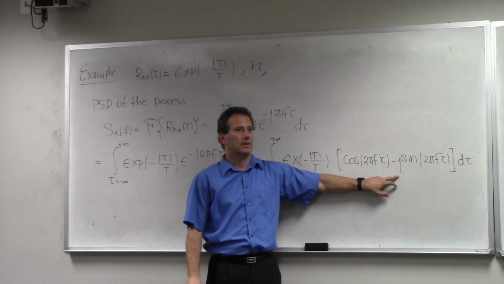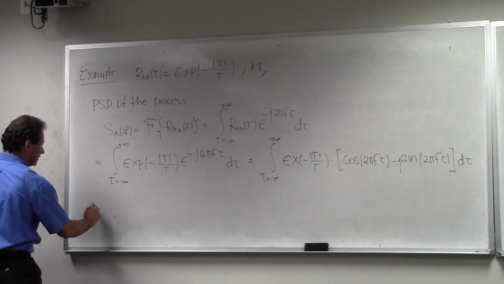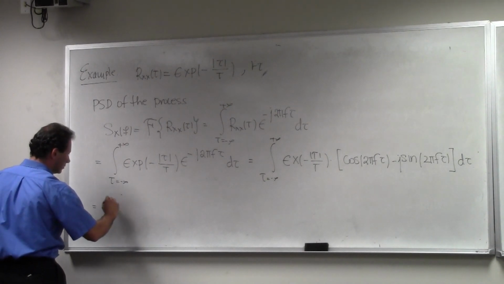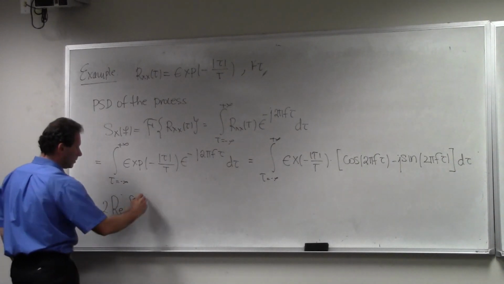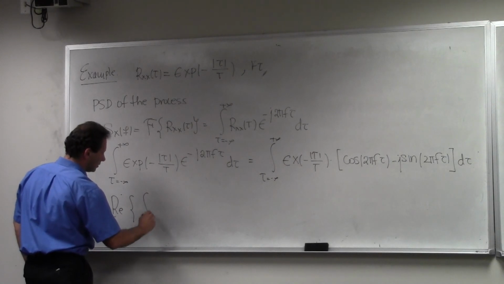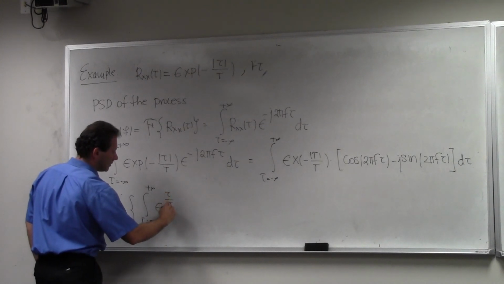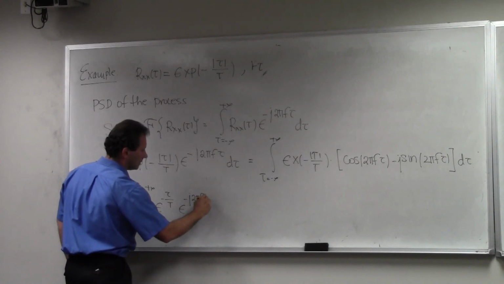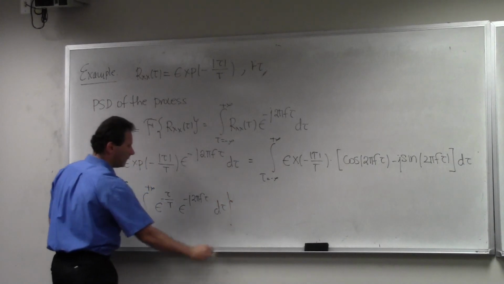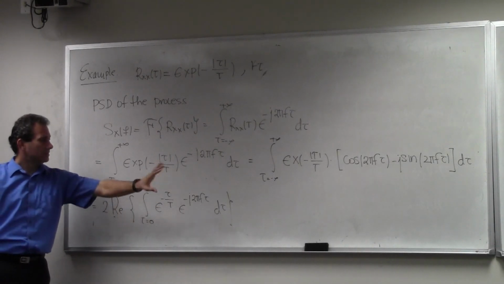So I can say this is equal to 2 times the real part of the integral, tau from 0 to plus infinity, of e to the minus tau over capital T, e to the minus j 2 pi f tau d tau. I need to take the real part, and whatever is imaginary is going to go away.